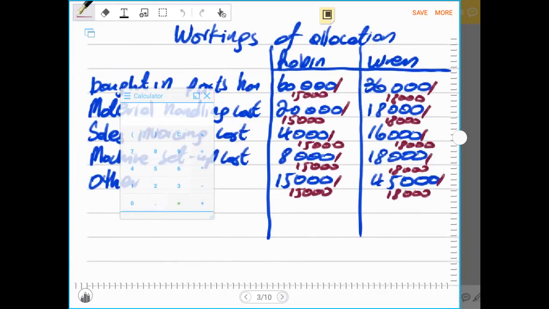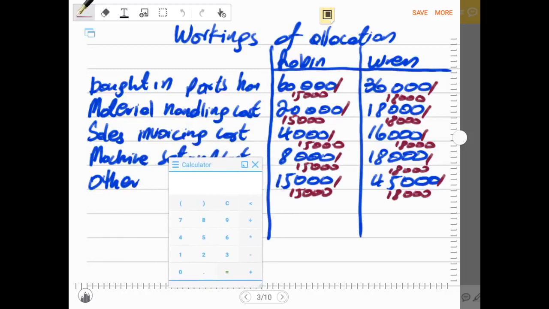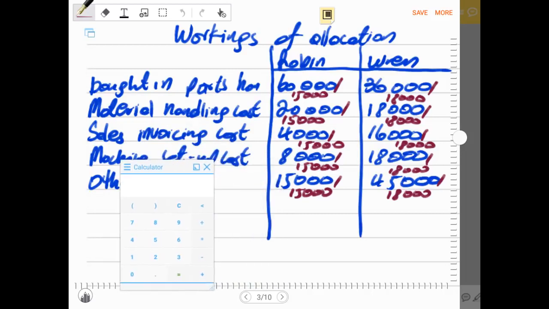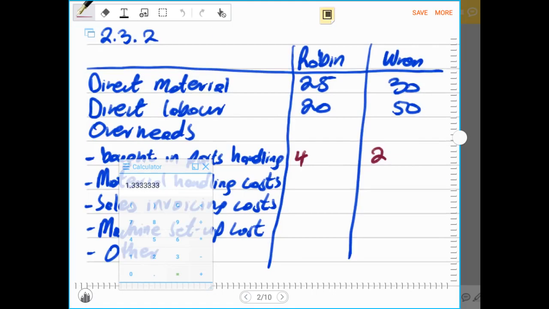Then we come to the second overhead, which is material handling cost, which is 20,000. This 20,000 divided by 15,000, that is 133 cents, and we record 133 cents here.